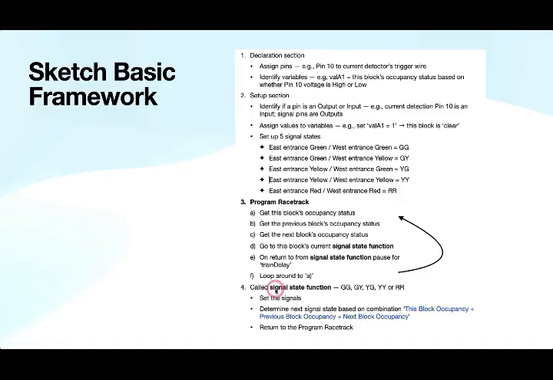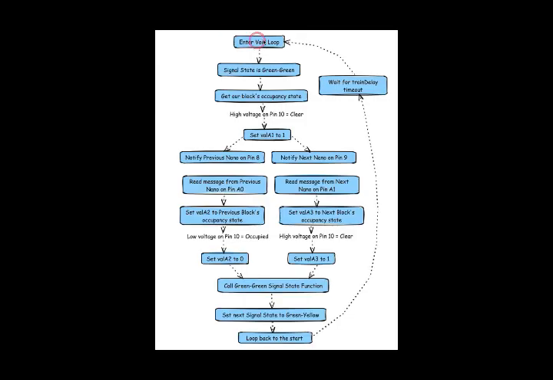And that signal state function here, we first set the signals, and then we take the value for A1, A2, A3, combine them, and find out what's the next signal state, and head back into our program track.